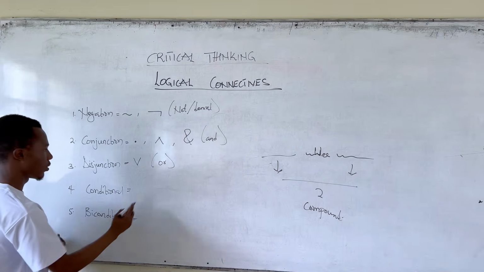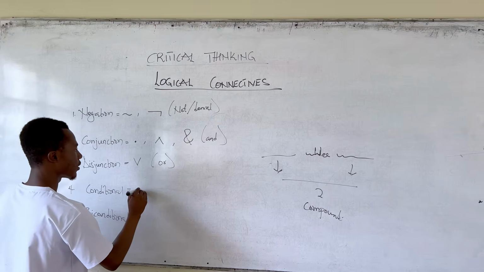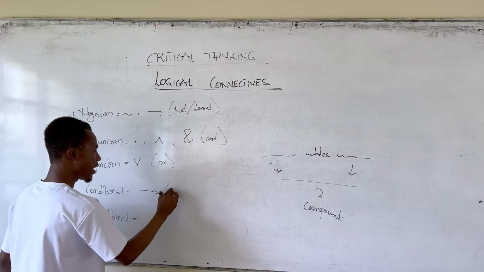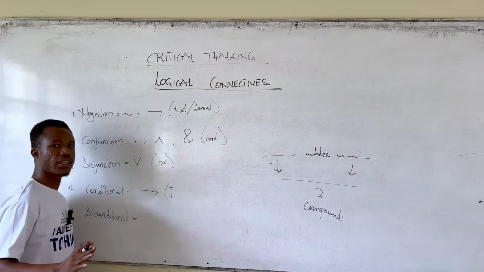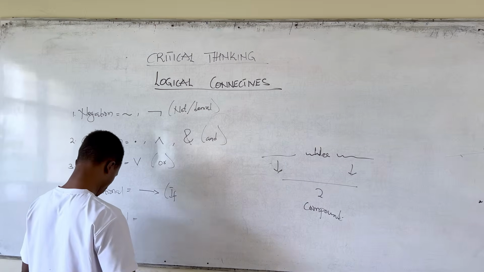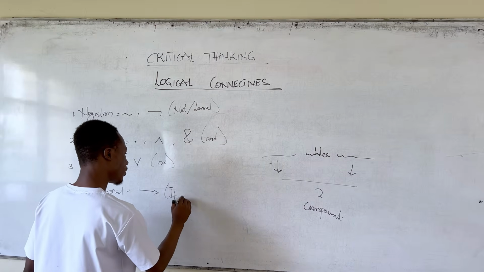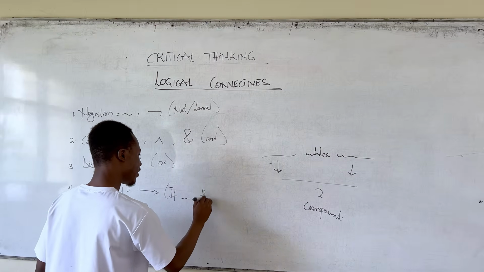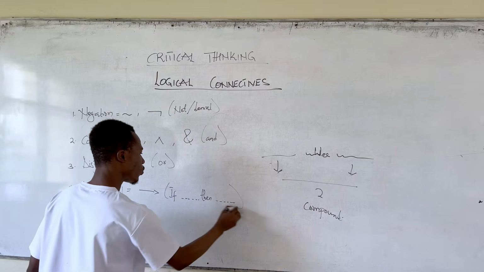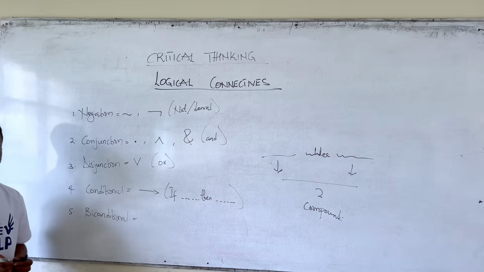Then the next one is what? Conditional. So conditional has this. Meaning, if you know every conditional statement starts with what? If. So you say if the statement, then something must follow. So this is the conditional.